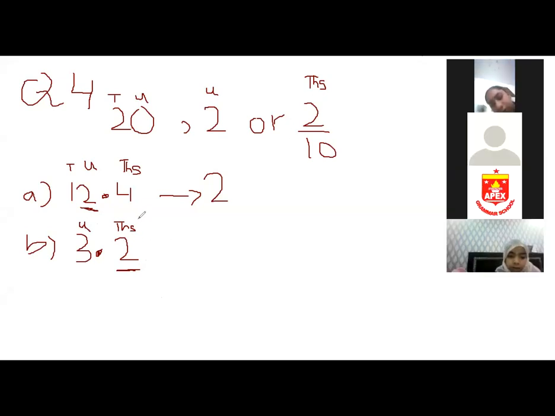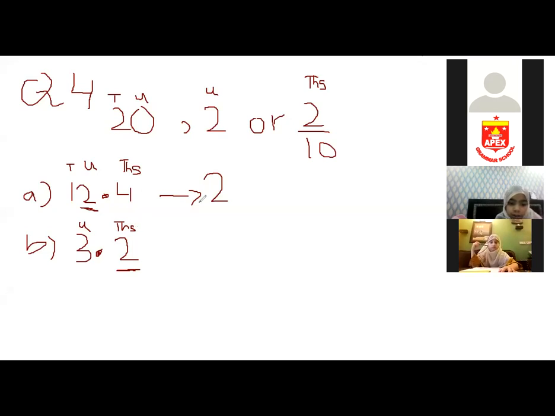It is on tenth place, so it means it is divided into 10 equal parts. What will be the right answer among these three? 20 is not the right answer because it is not on tenth place. Also 2 is not the right answer because 2 is on tenth place. We have this option 2 by 10, and we know tenth place is divided into 10 equal parts. So the answer is 2 by 10.